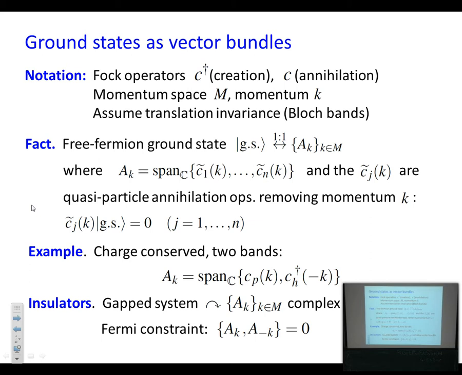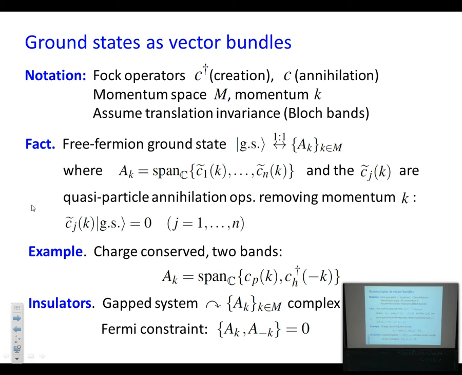Example, let's assume that charge or particle number is conserved. Then, and let's say there are two bands, one conduction band, or P as in particle, and one valence band, or hole, or H as in hole. Then this space will be two-dimensional.